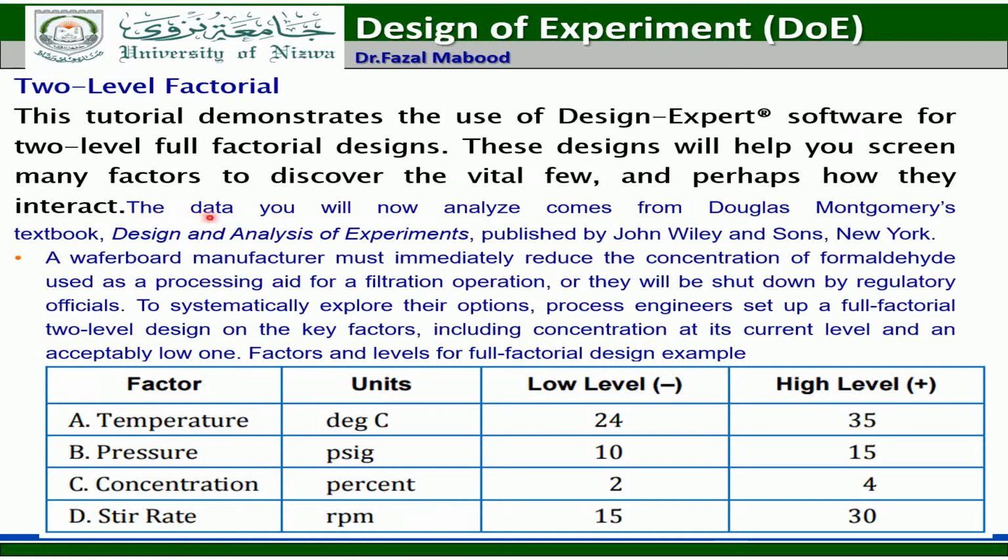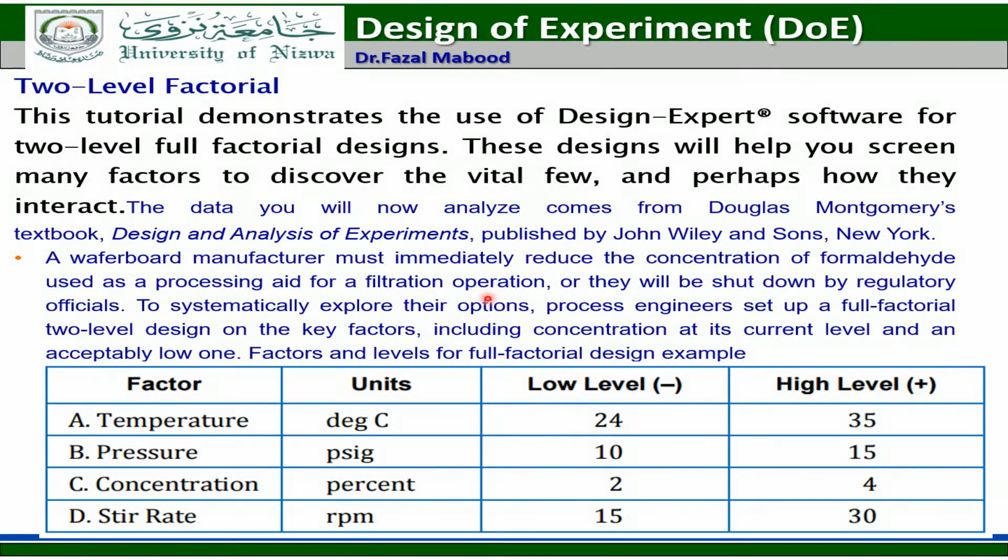The data you will now analyze come from Douglas Montgomery's textbook, Design and Analysis of Experiments, published by John Wiley and Sons, New York. In this data, a waterboard manufacturer must immediately reduce the concentration of formaldehyde used as a processing aid for a filtration operation.